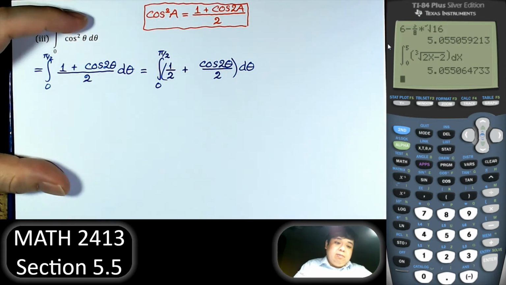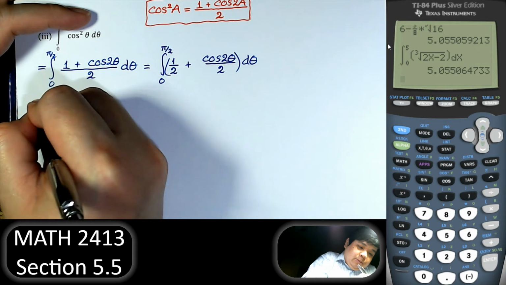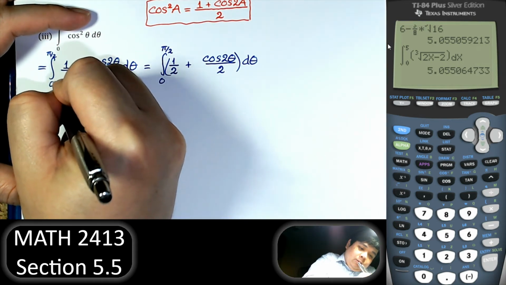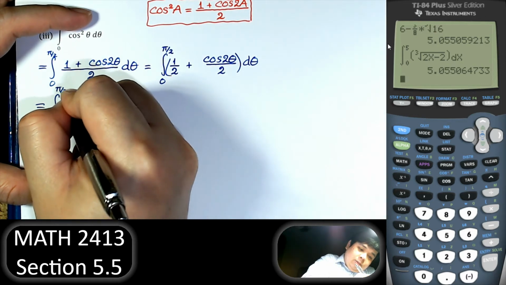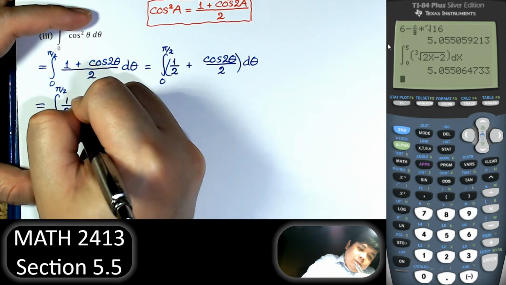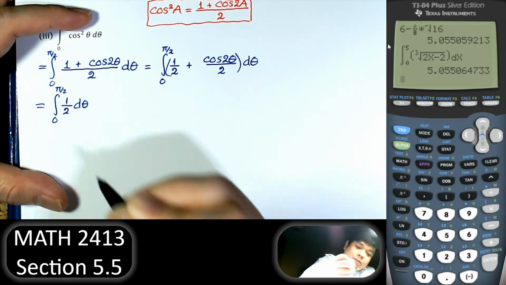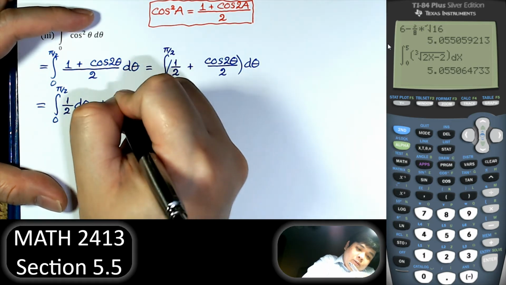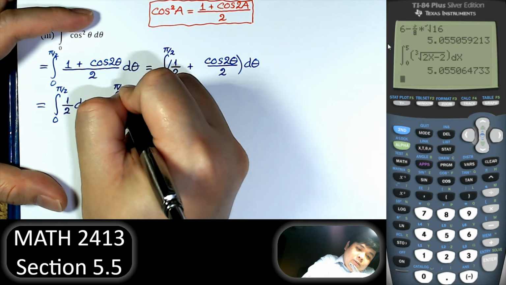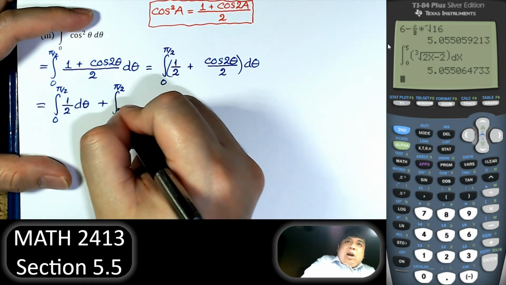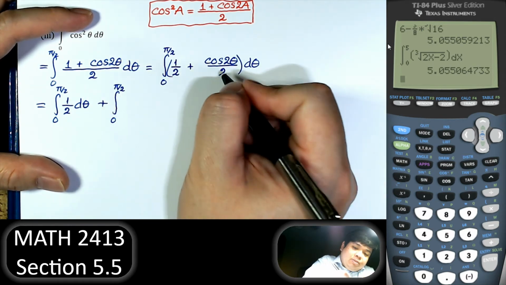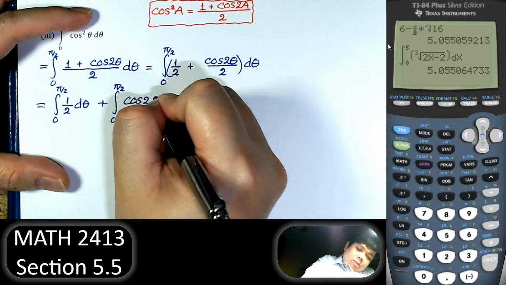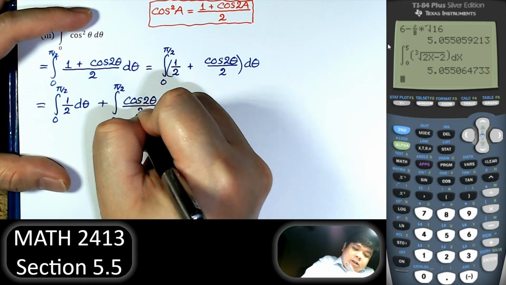And then we split the integral. I can just write 1/2 cosine 2 theta, but I put the 2 at the bottom. Doesn't hurt.